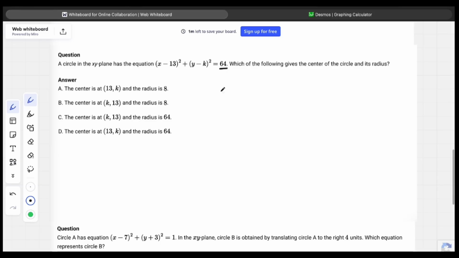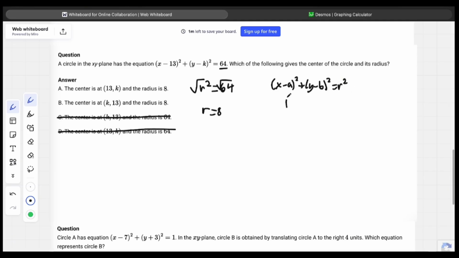So we see that this is 64. We can just make this equal to r squared, square root both sides, r equals 8. So just by finding out our radius, we can already make this a 50-50 question by getting rid of C and D. Now all we have to do is find out the center. And we can go back to our circle formula to help us out here: (x - a)^2 + (y - b)^2 = r^2.